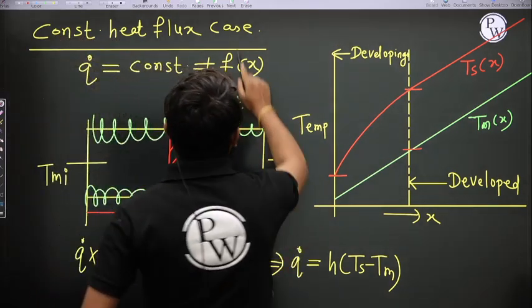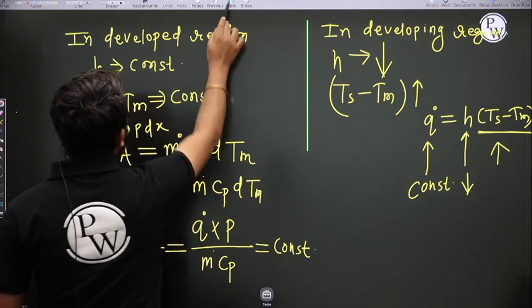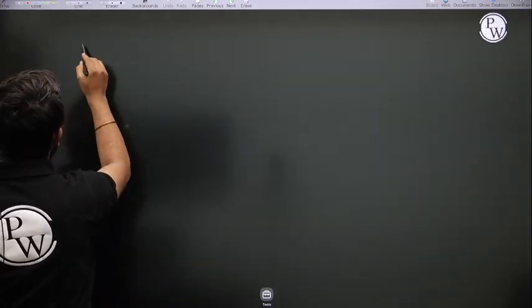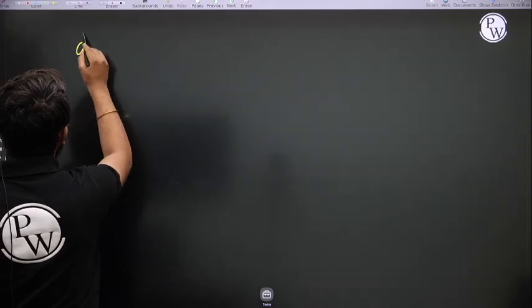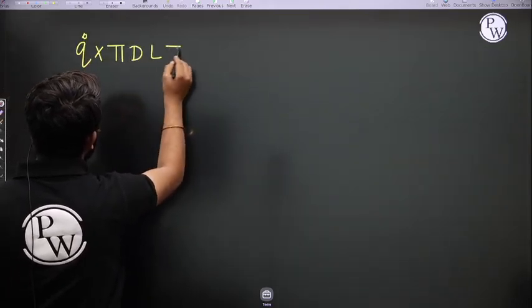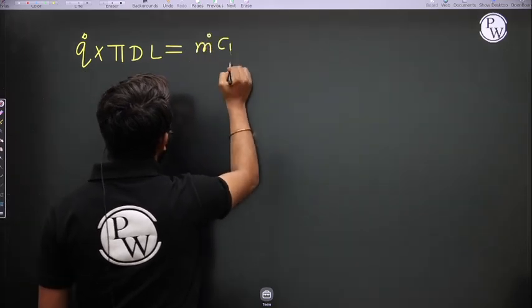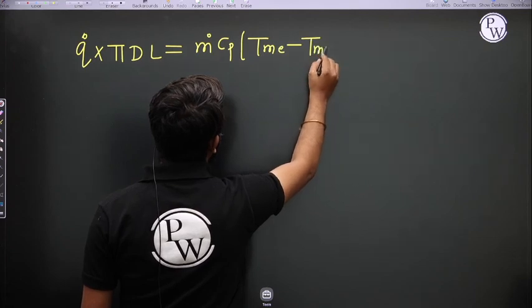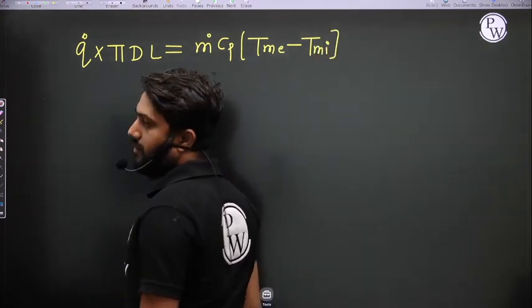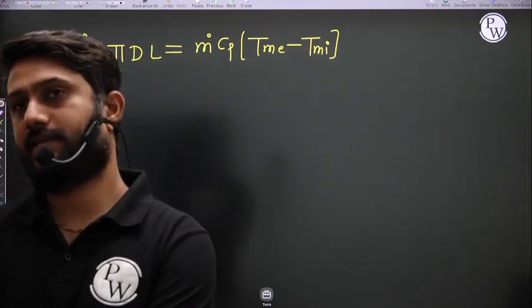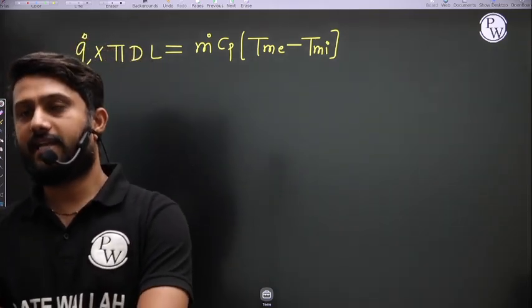And if you want to see the energy balance, Q dot multiplied by pi D L is equal to m dot Cp into Tme minus Tmi. What is the total rate of heat transfer in the constant heat flux case?